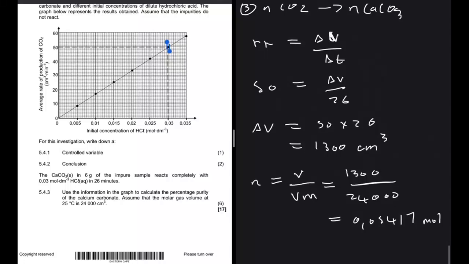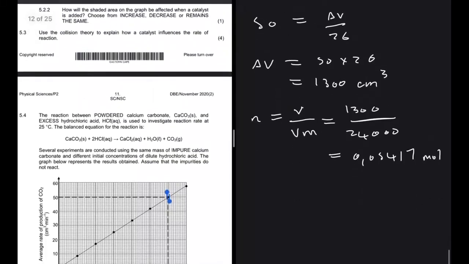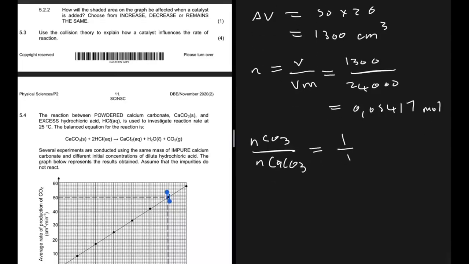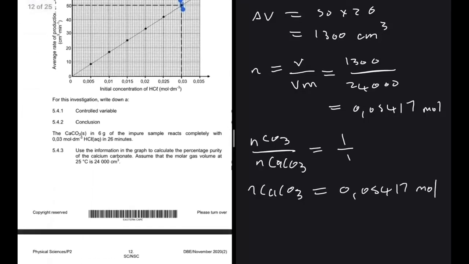So from our equation, we know that the number of moles of CO2 divided by the number of moles of CaCO3 equals 1 divided by 1, right? Because those are the balancing coefficients. So the number of moles of CaCO3 will just equal the number of moles of CO2, so that will also be 0.05417 moles.